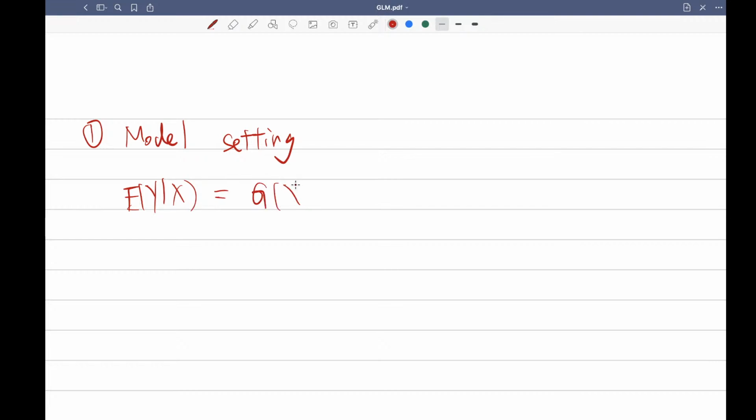In this chapter, we should focus on a few things. At first, model setting. You should write down the link function, or the expectation of Y given X, equal to G of X beta, which is the probability of Y equal to 1 given X, for the LPM, Probit model, and Logit model.